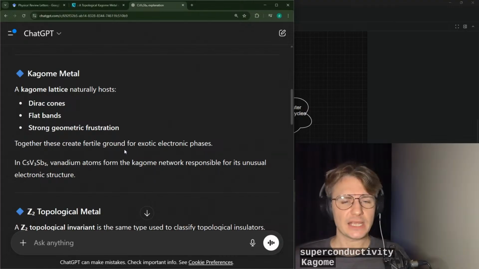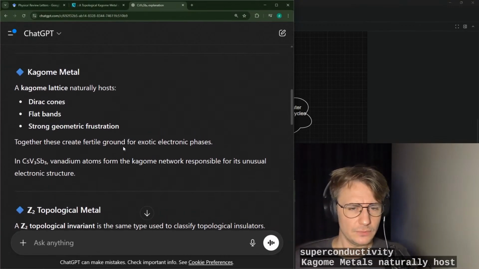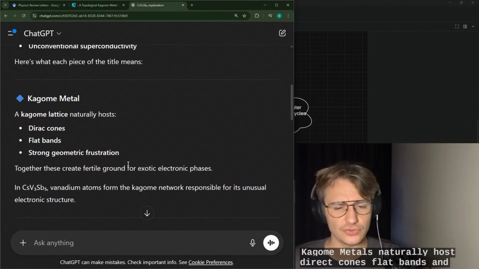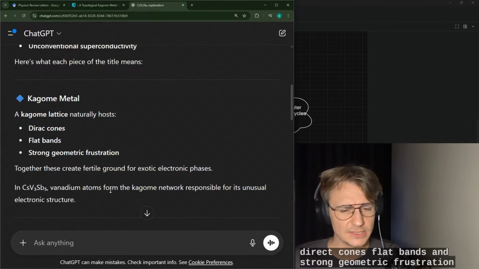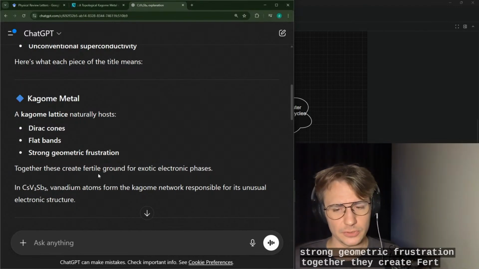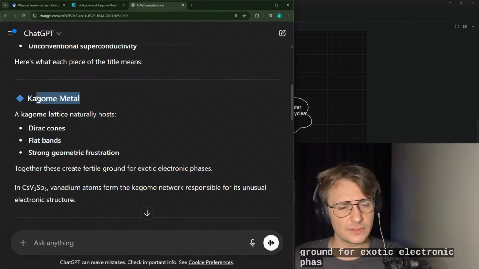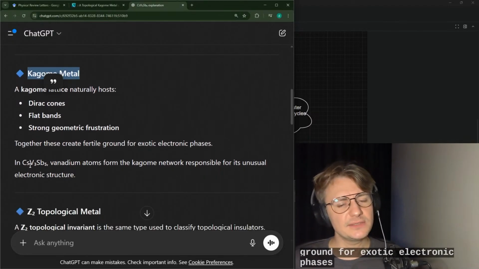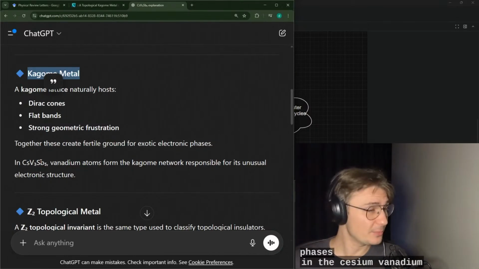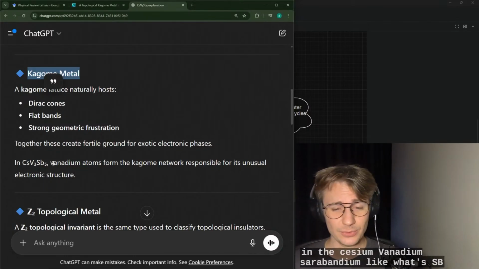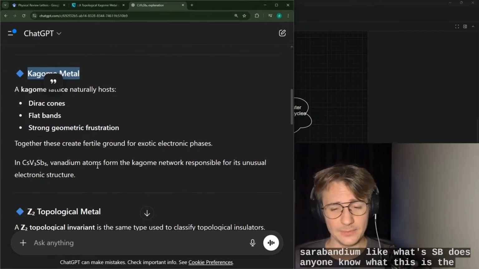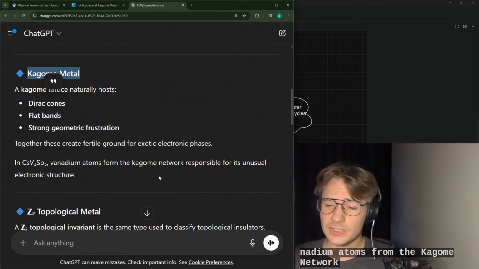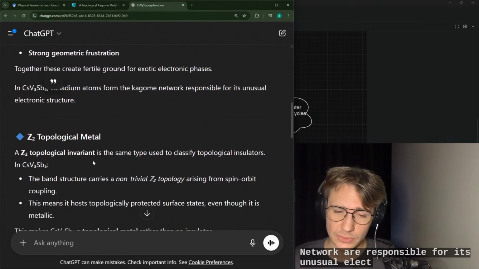Kagome metals naturally host Dirac cones, flat bands, and strong geometric frustration. Together, they create fertile ground for exotic electronic phases. Like, what's SB? Does anyone know what this is? Vanadium atoms form the Kagome network responsible for its unusual electronic structure.